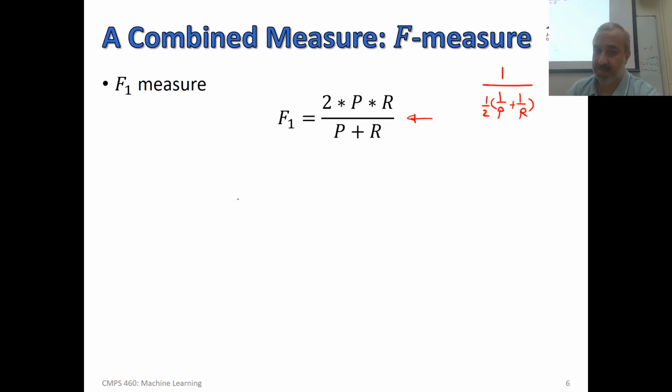Yes? I think I missed something. You just said that we cannot compare two different things, but now we're doing it with the precision and the recall. Didn't you just... No. What I said is that we cannot easily compare two numbers against two numbers. I mean, we have two classifiers and we want to compare their performance.